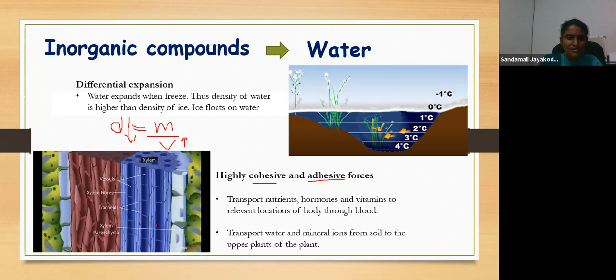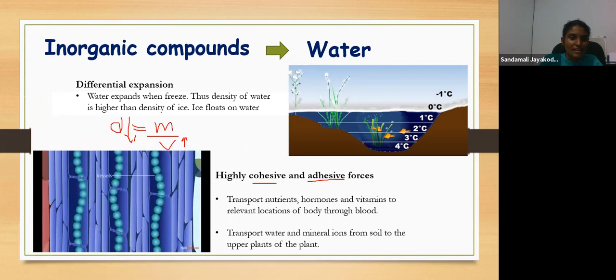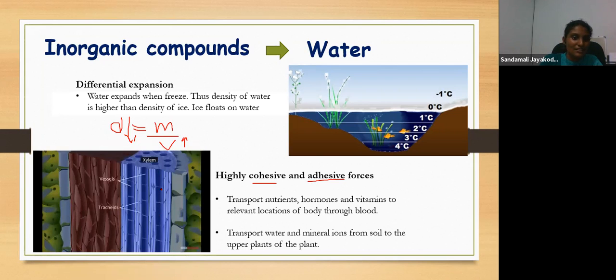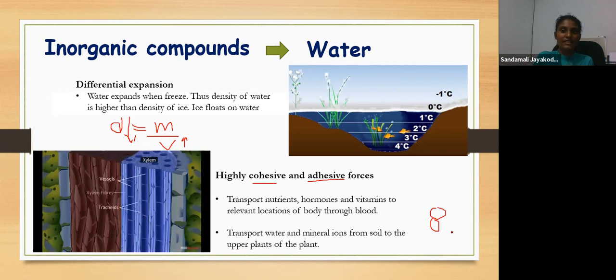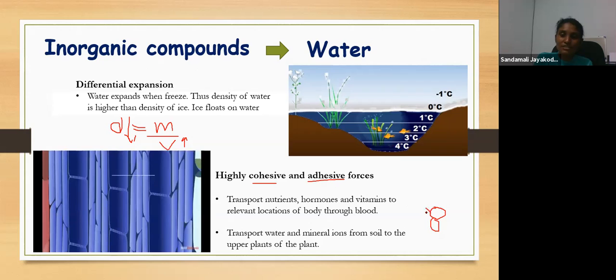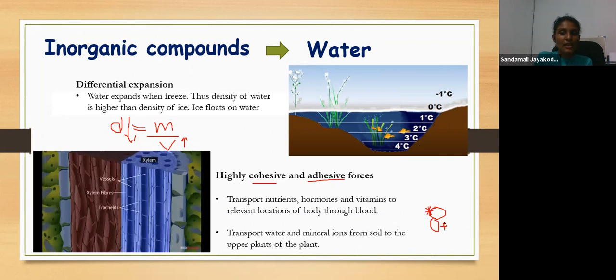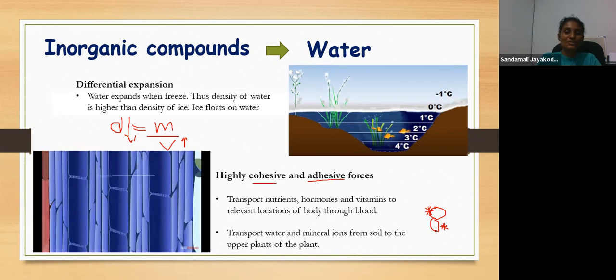This xylem tissue has xylem vessels, and these blue colored water molecules are attached together due to cohesive forces. When two water molecules are together, they can attach due to cohesive forces. And also they can attach different ions and different hormones, and all these things can adhere due to the adhesive forces of these water molecules.